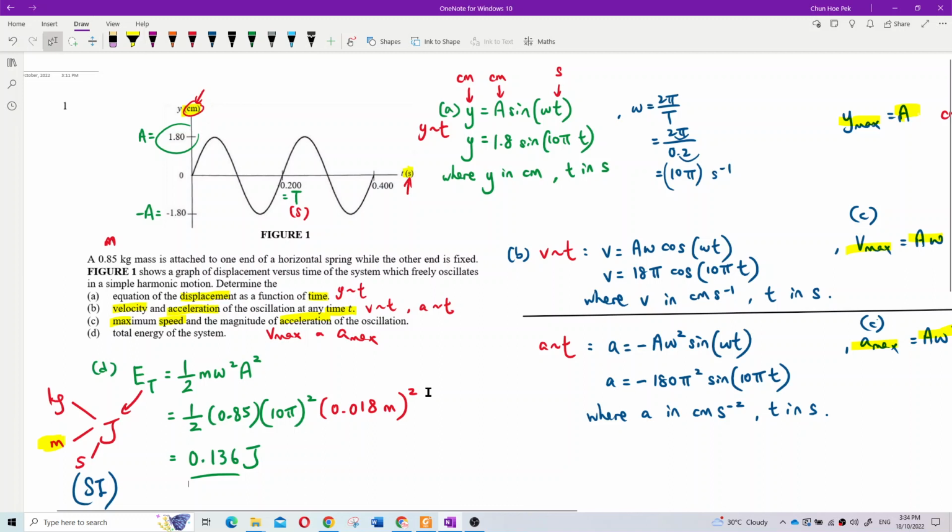I also make mistakes. Sometimes you answer the question too fast, like in the exam, and you might forget the square. All this small stuff actually is the big stuff. You get a different answer.